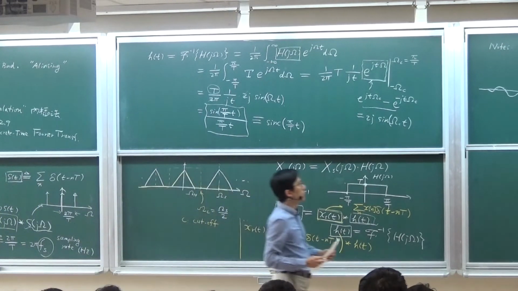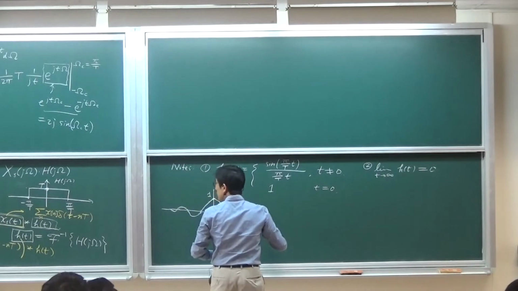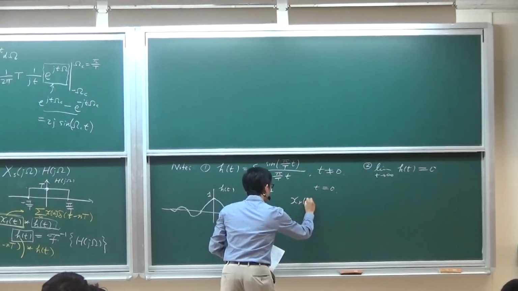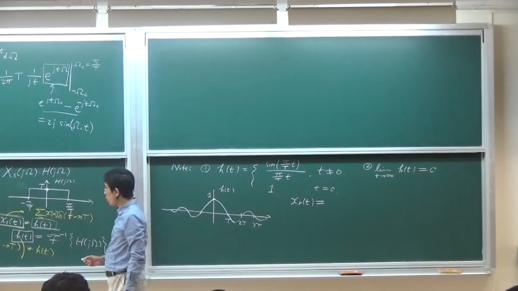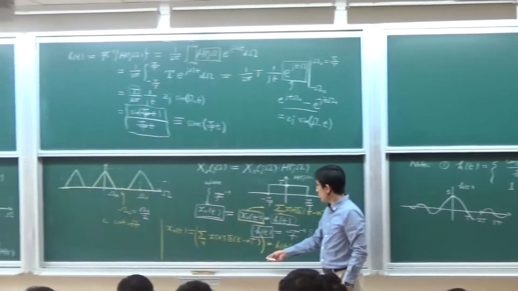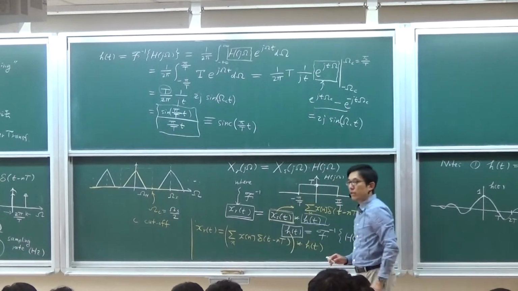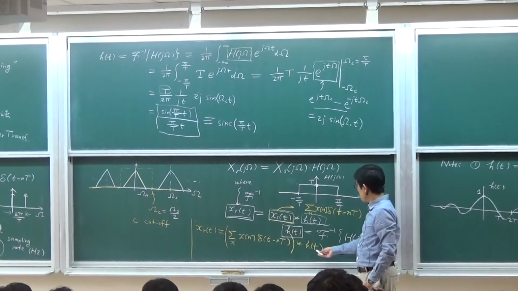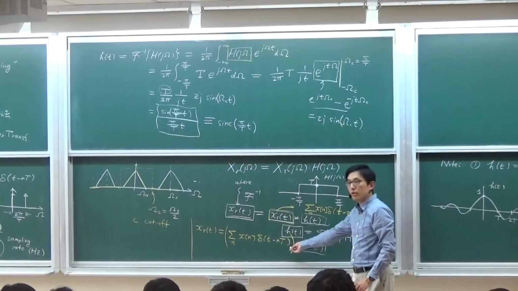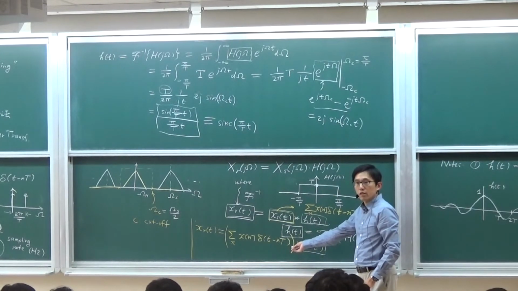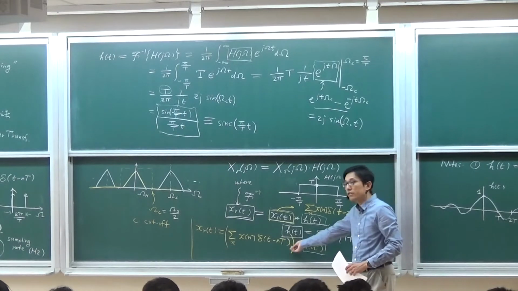So here we have a summation with parentheses. Because convolution is a linear operation, we can move h of t inside the summation, inside the bracket.